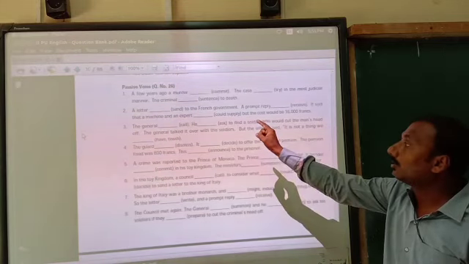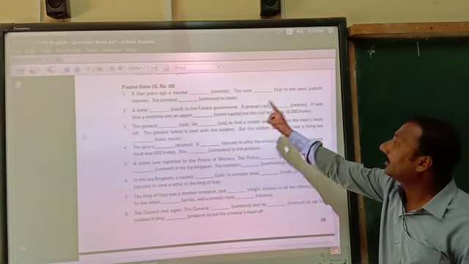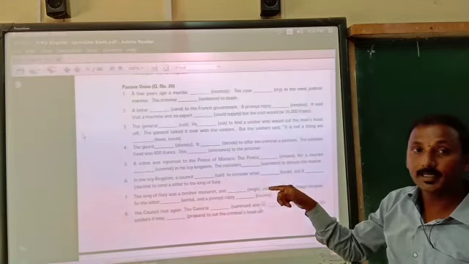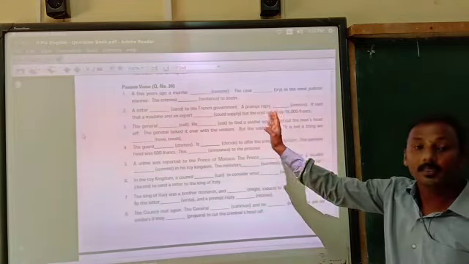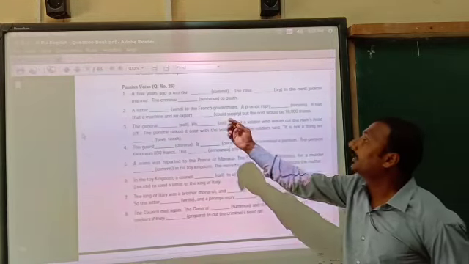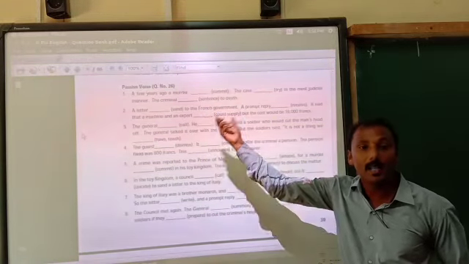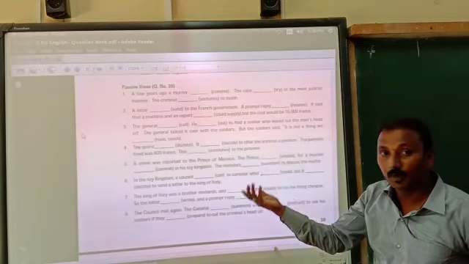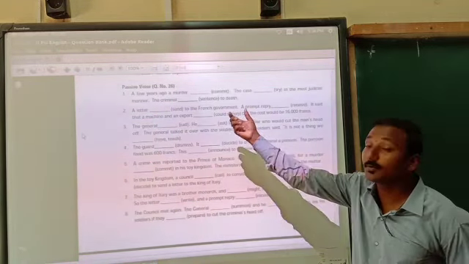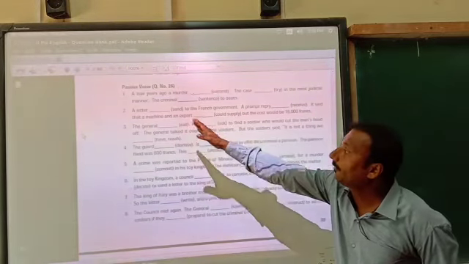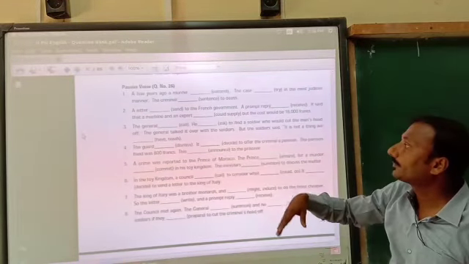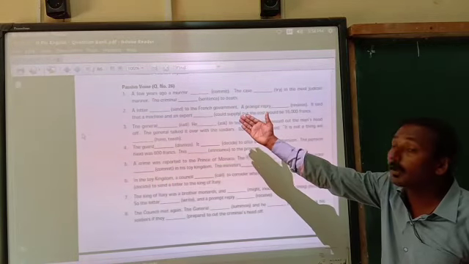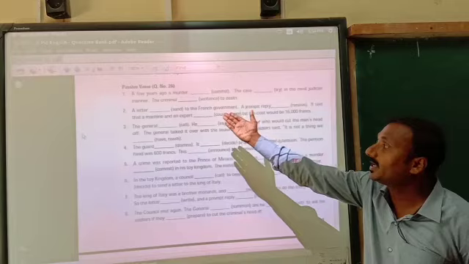We have to find out commit, try, sentence. These are all in present form of verb. In passive voice, the verb appears in V3 form. Then use a helping verb. It's a simple past tense, so we use was and the verb only. A few years ago, this is a past sentence. That's why we use was. A few years ago, a murder was, and that is also based on the subject.